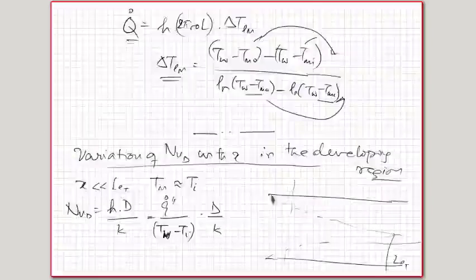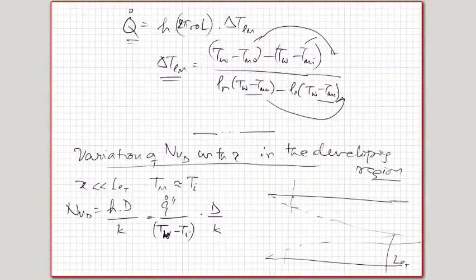And for a thin boundary layer, if I say this delta T is very small, then I'll be able to say that q dot double prime would be equal to k times T wall minus Ti divided by delta T. So this is of this order.